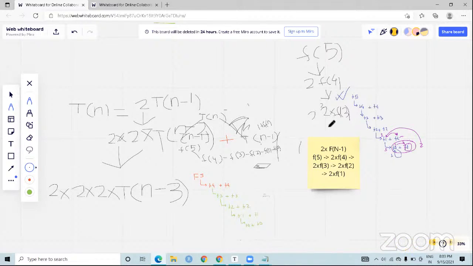Sometimes, if we are dealing with Fibonacci numbers, we need to write fn minus 2 and fn minus 1. But if we are doing the same kind of thing, fn minus 1 and fn minus 1, then we can write 2 into fn minus 1. This is good because it will take less time.